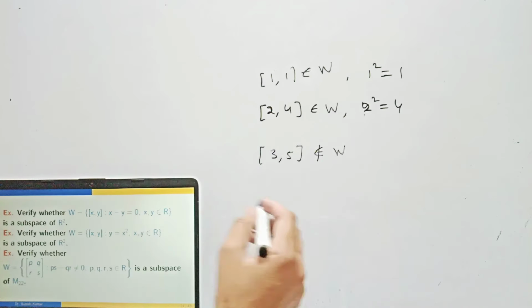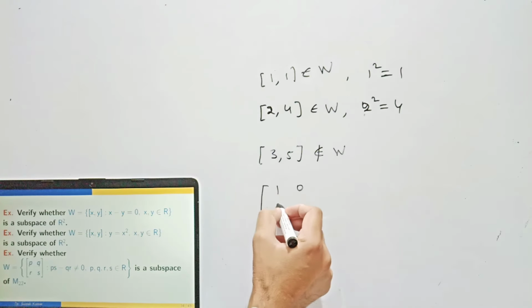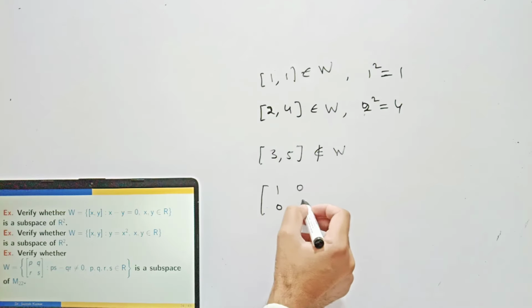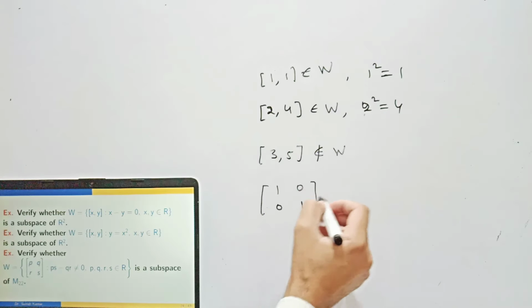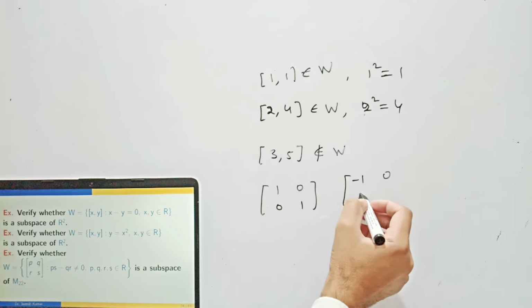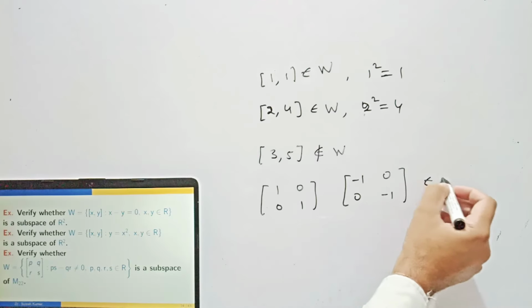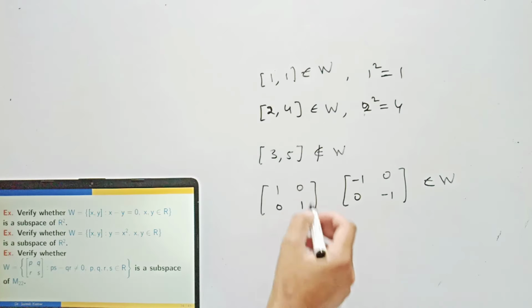No, it is also not a subspace. Why? Because [1 0; 0 1] and [-1 0; 0 -1] both are members of W, because the determinant of this is 1 and the determinant of this is also 1. Both these are non-singular matrices of order 2 cross 2.